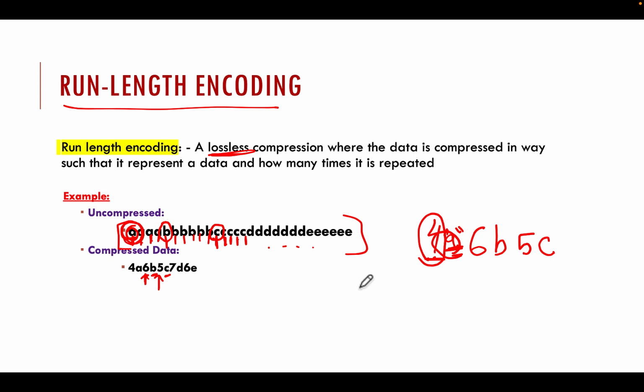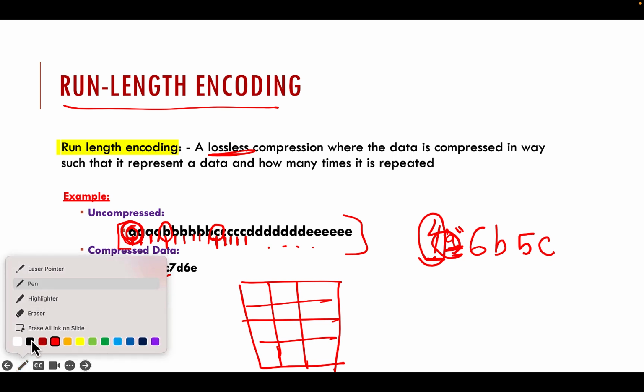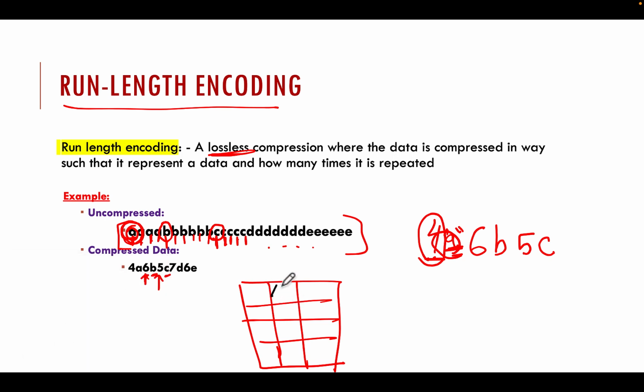For example, if we're going to talk about a picture, and we have this picture drawn here, and we'll just imagine that, for example, this is black and black, then we have 3 blacks, we have 1, and we have 2.